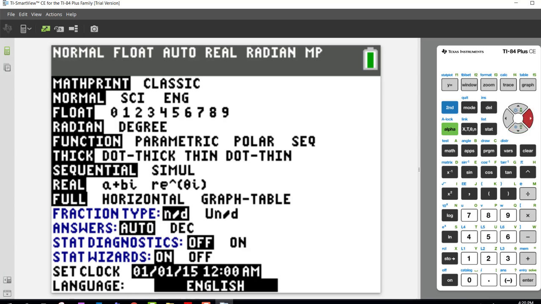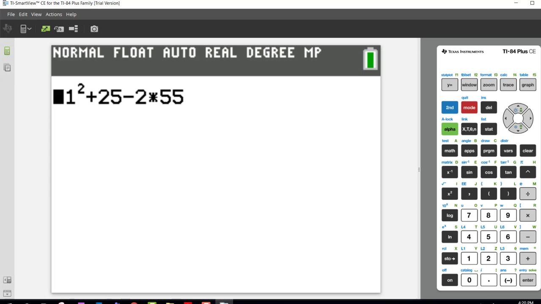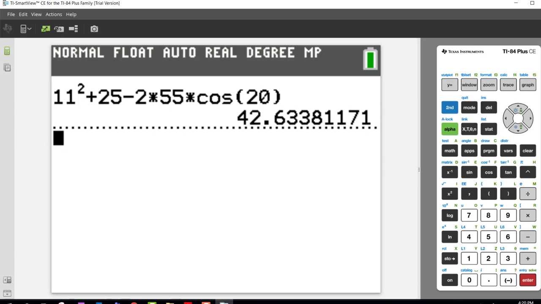I always look at that at the top before I put anything in. Times the cosine of 20 degrees. And I'll hit enter, and you can see I have a lot bigger decimal than 42.63.